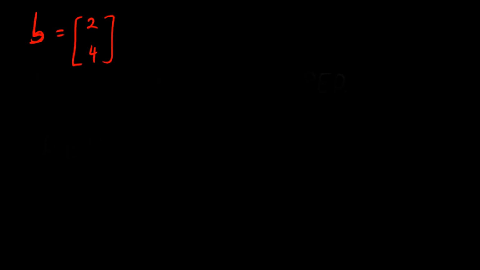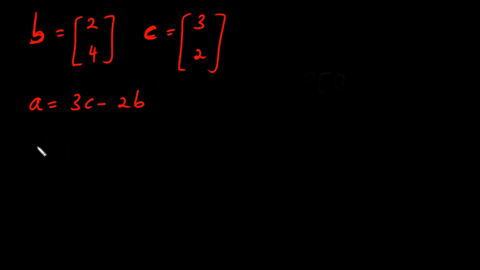Then we have C is equal to 3, 2, and A is equal to 3C minus 2B. We are required to find the magnitude of A correct to 2 decimal places, but as you can see, A is written in terms of B and C. So we need to evaluate the exact value of A.